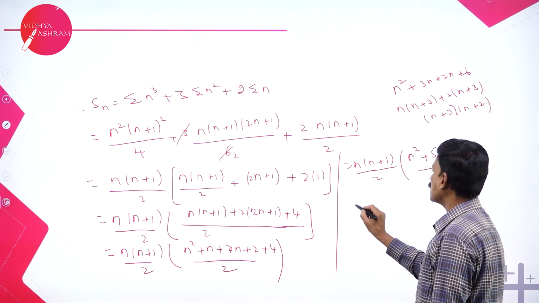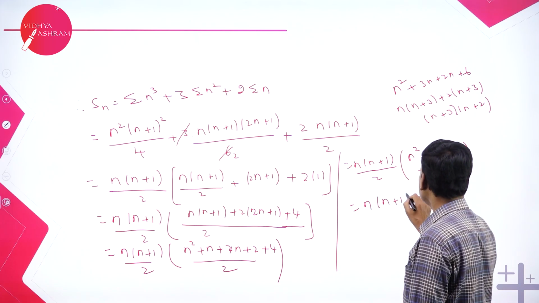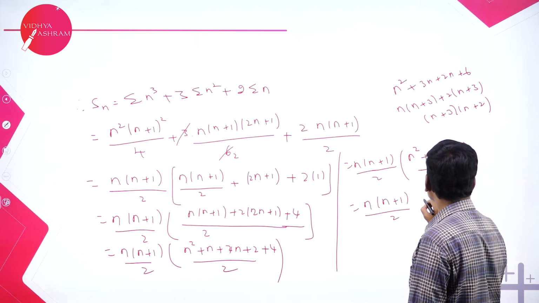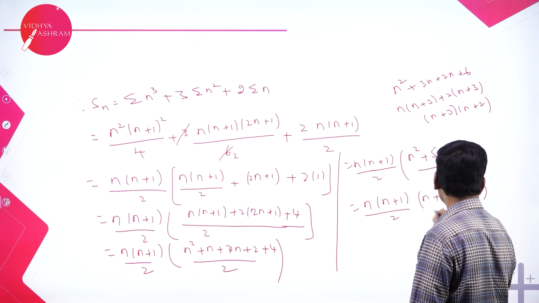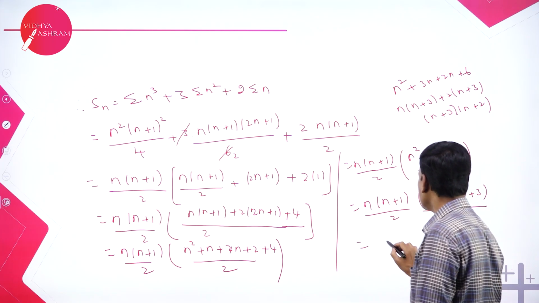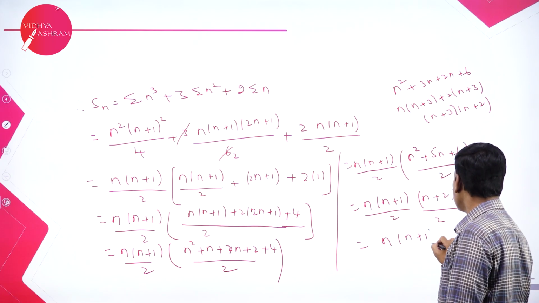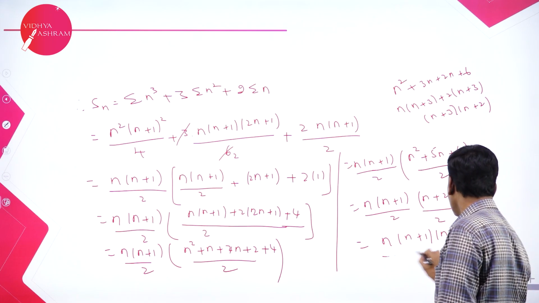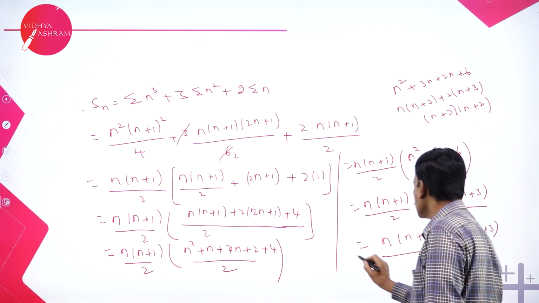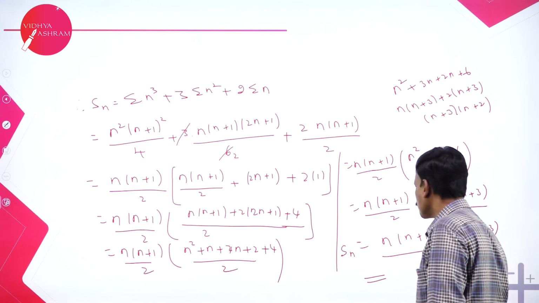So, therefore, this can be written as n into n plus 1 divided by 2 into n plus 2 into n plus 3 whole divided by 2, or totally this is n into n plus 1 into n plus 2 into n plus 3 whole divided by 4 is the sum of n terms of the given series.